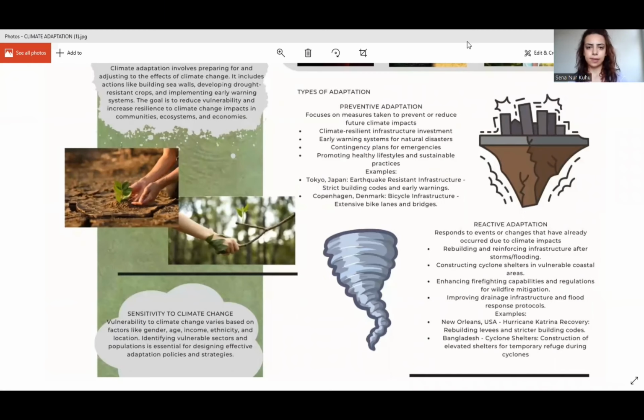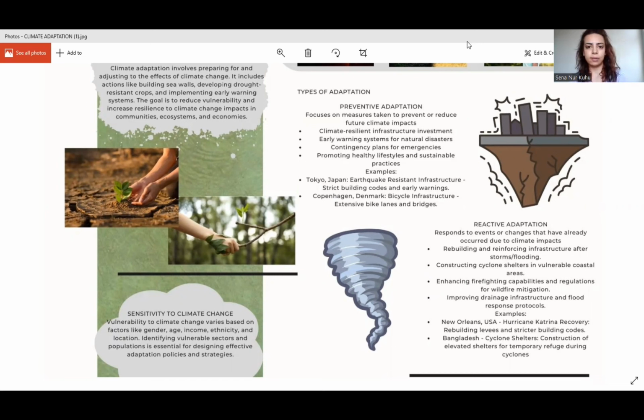Thank you. Next title, types of adaptation. Preventive adaptation focuses on measures taken to prevent or reduce future climate impacts: climate resilient infrastructure investment, early warning systems for natural disasters, contingency plans for emergencies, promoting healthy lifestyles and sustainable practices.